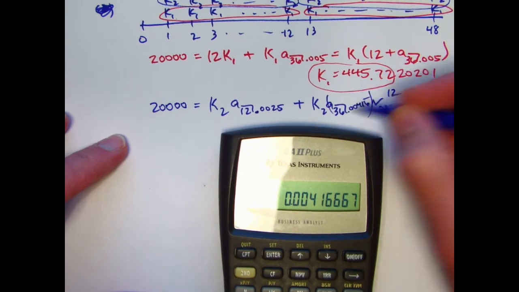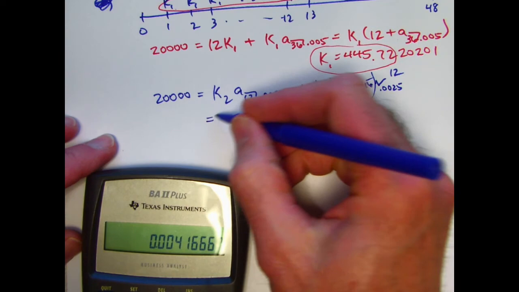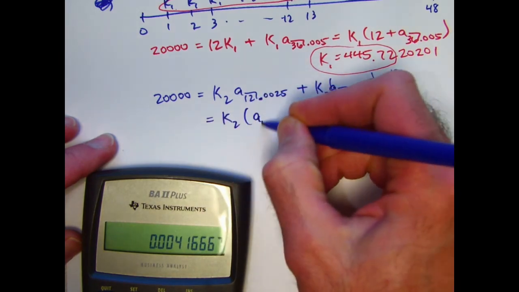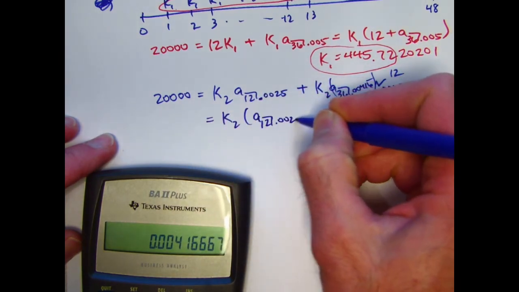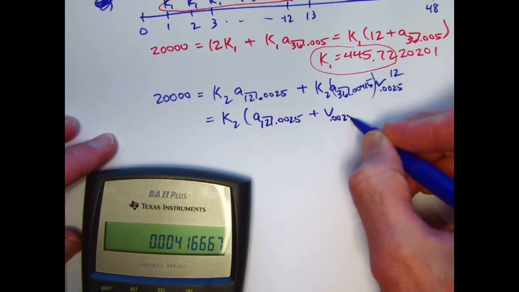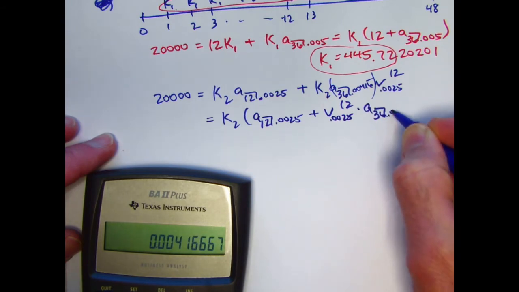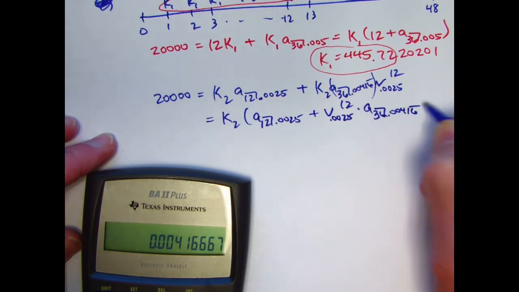That's one quantity. It's getting multiplied by V to the 12th and also K2. Let's go ahead and factor out a K2, like this. And now I think I'm going to use my storage features here.